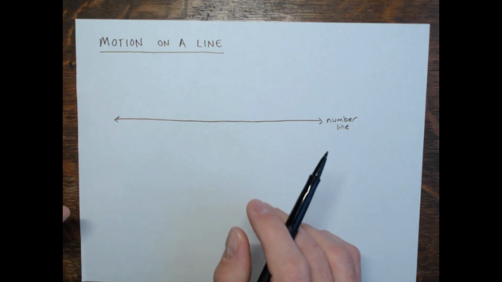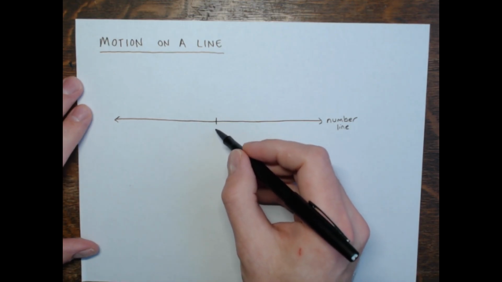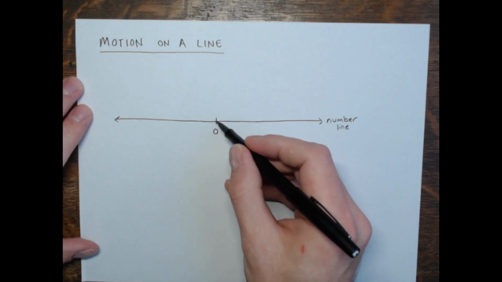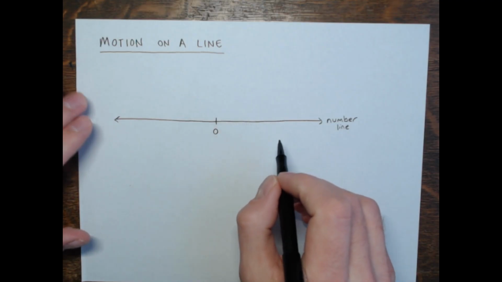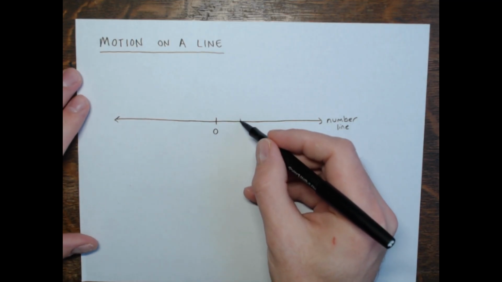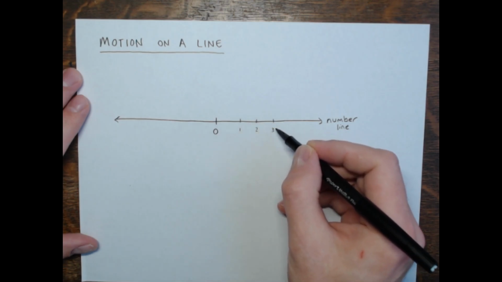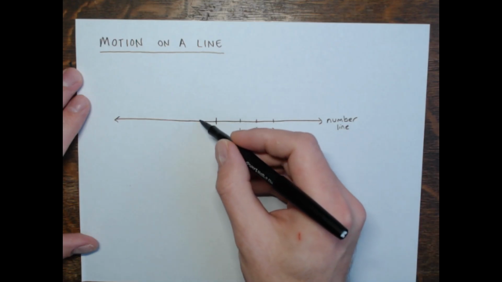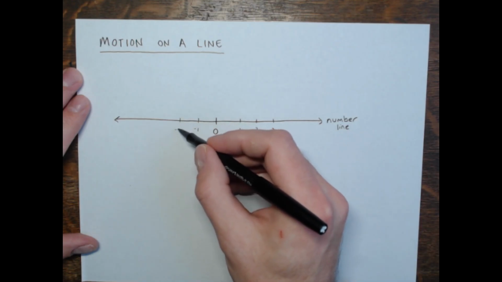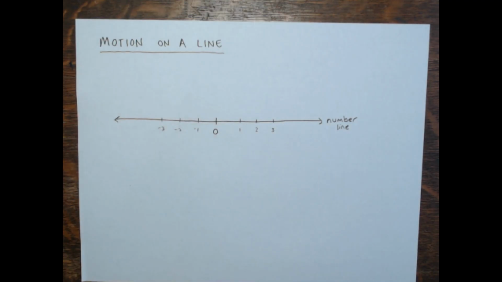I'm just going to have it be horizontal here. And you know how a number line's constructed, right? You have the 0 mark. Every point on the line is going to represent some real number. And you have 1, 2, 3 values increasing going this way, -1, -2, -3 values decreasing going that way.